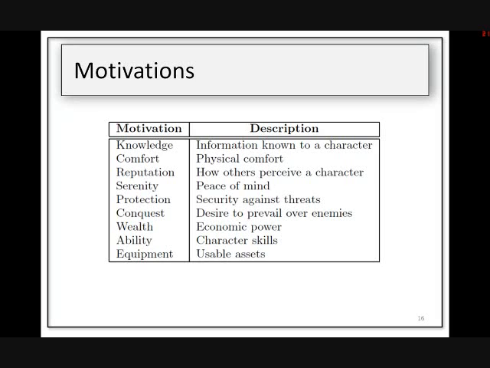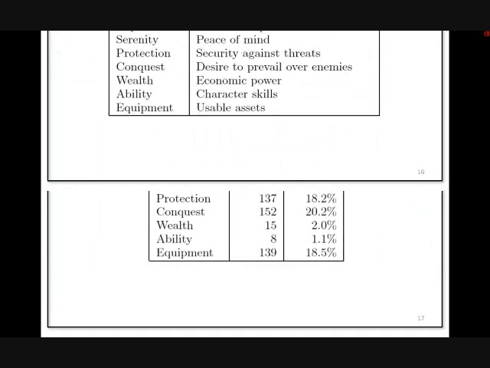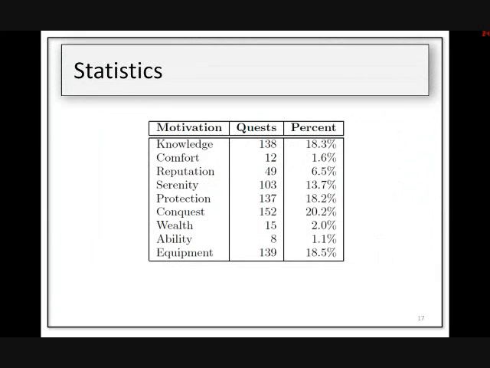Now, analyzing just a small set of those 3,000 quests, about 800 or so, we came up with some statistics. So by knowledge we mean information known to a character; by comfort, physical comfort, etc. So you can see this table in the paper. As I said, we analyzed 800 or so quests and ran some statistics and found, for example, that conquest quests made up about 20%.